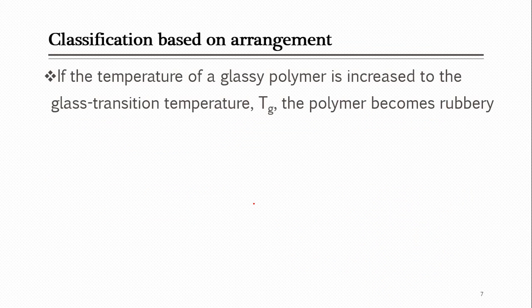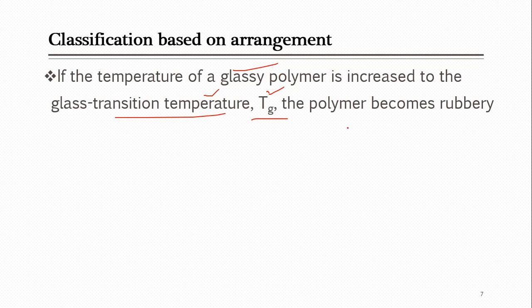When you look at this classification, amorphous polymers can be named either glossy polymer or rubbery polymer. There was one temperature called the glass transition temperature, Tg. When an amorphous polymer exists at a temperature less than Tg, it is called a glossy polymer.